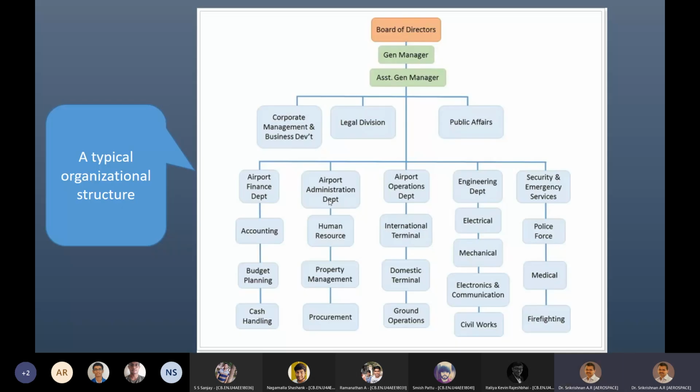No. Okay, then I'm just presenting a picture here. I've just taken it from a US site, so you have all that American ingredients in this, which is a typical organizational structure for airports. For a fairly large airport, this is just to explain or clarify some of the divisions.